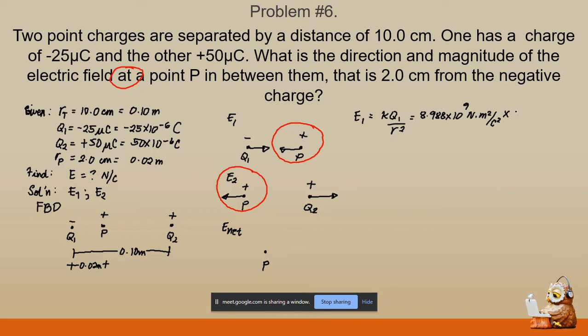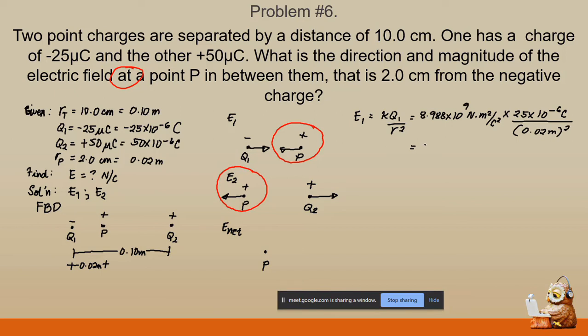So we just write 25 times 10 raised to negative 6 coulombs, divided by the distance between Q sub 1 and P. What's that distance? That is 0.02 meter, and don't forget the square. So E sub 1 is 561,750,000. The unit is newton per coulomb.